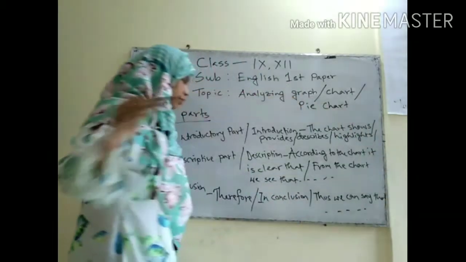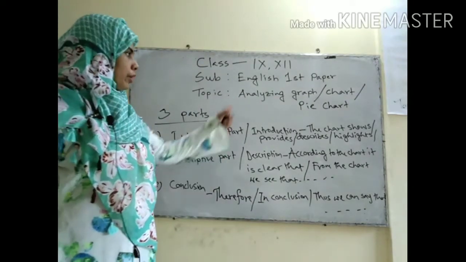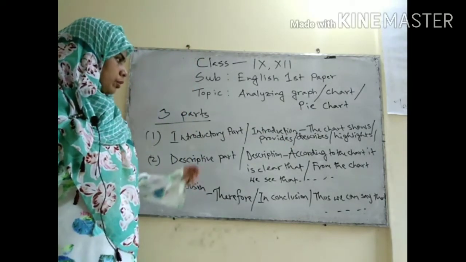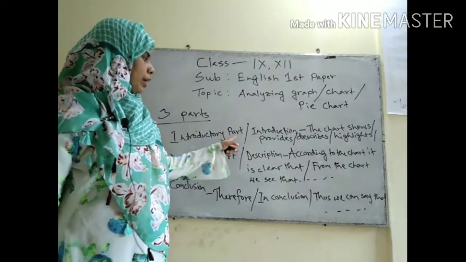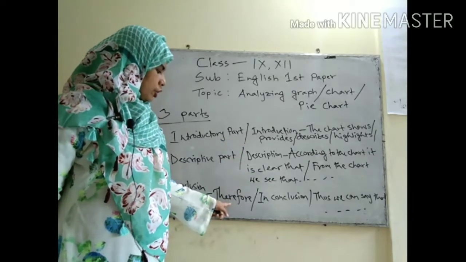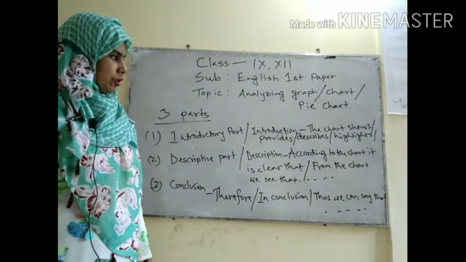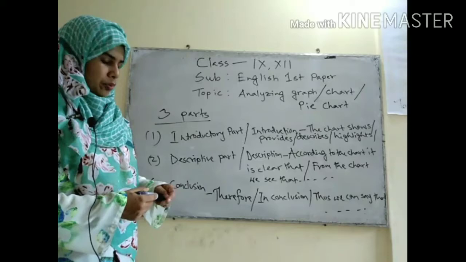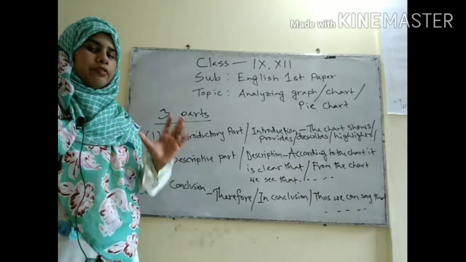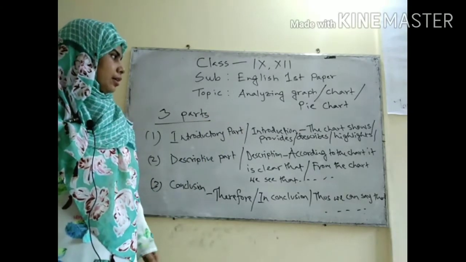So these are the three parts of a graph chart, bar chart or pie chart. Your chart should have an introduction, a description and a concluding sentence. And now I will discuss which vocabulary we have to use often while describing a chart.